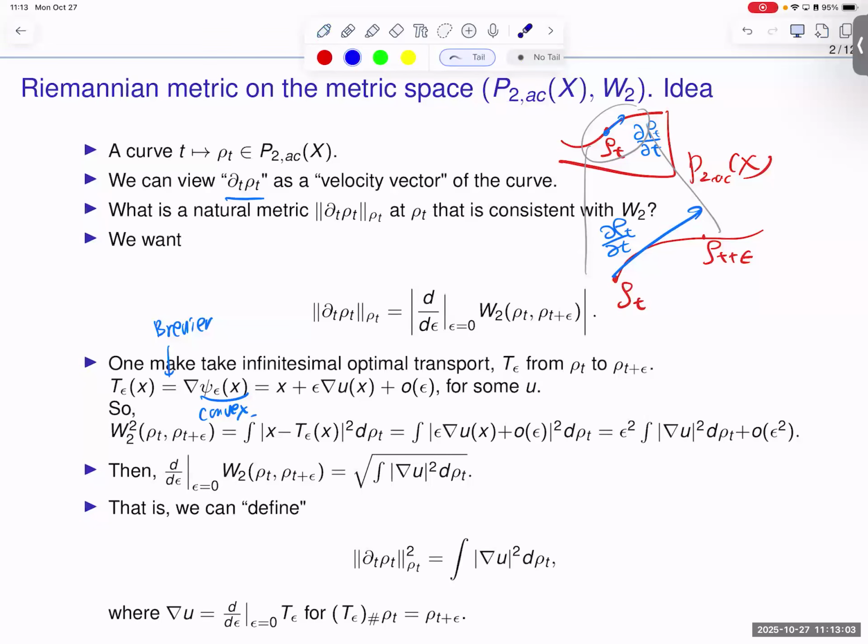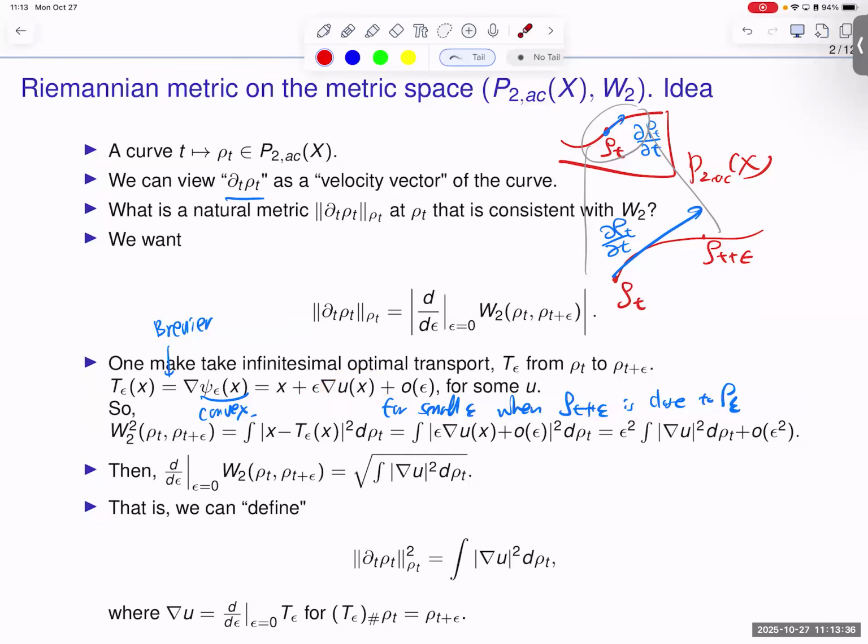But for small epsilon, when rho t plus epsilon is close to rho t, we expect that the optimal transport between them will be a perturbation of the identity mapping, and the perturbation is again a gradient of some function.